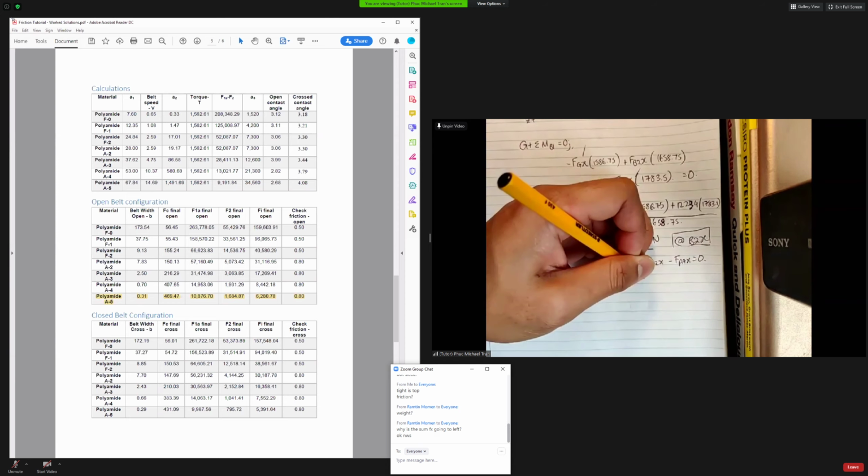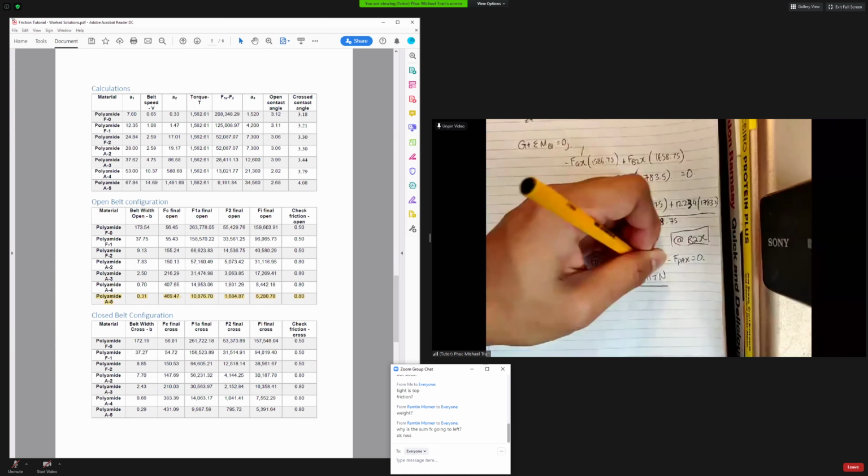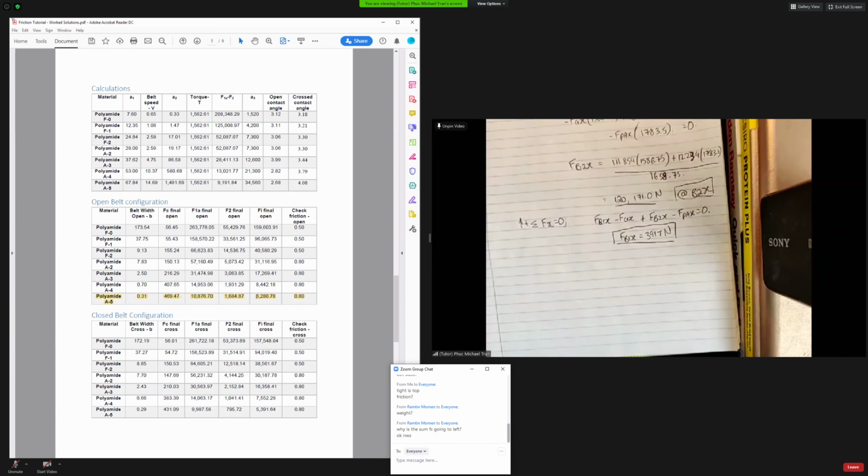FB1X equals 3917. After that, we'll need to draw a rough shear and bending diagram so we can find the bending at your critical elements.